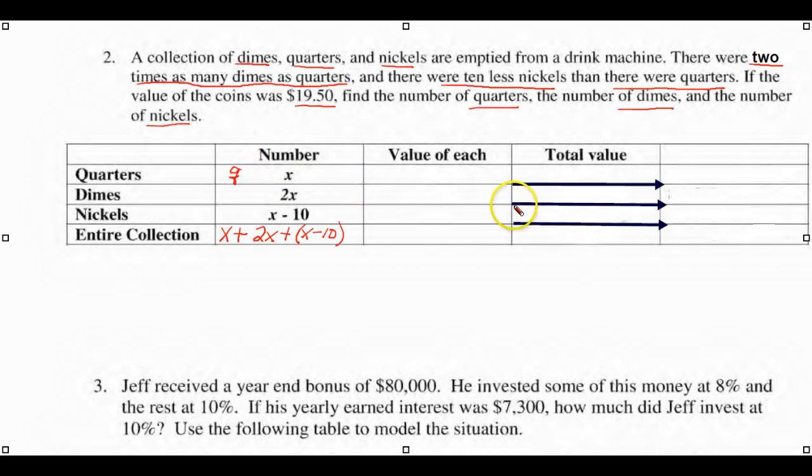What we're interested in is the total value. So, how do we figure this out? Well, notice we're giving it as cents here. So what is the value of a quarter? What's the value of a dime? And what is the value of a nickel?